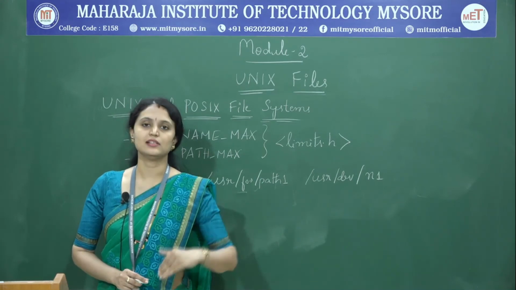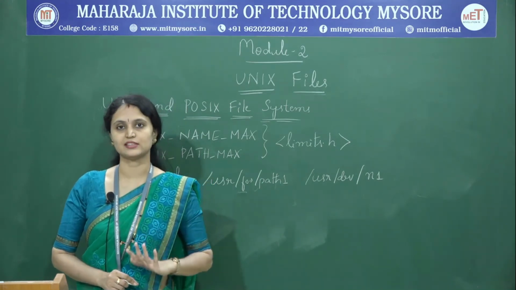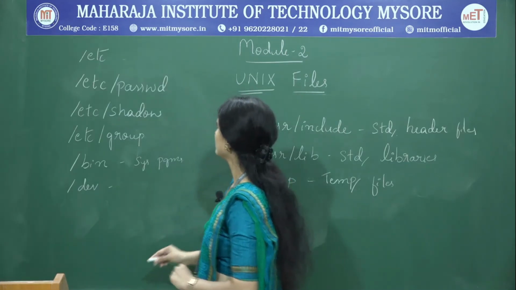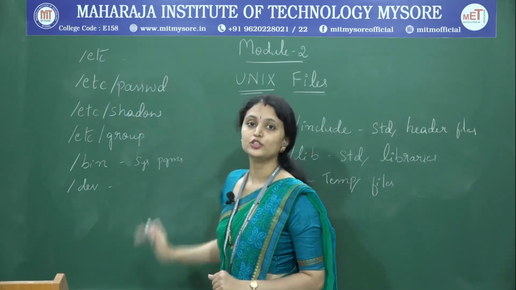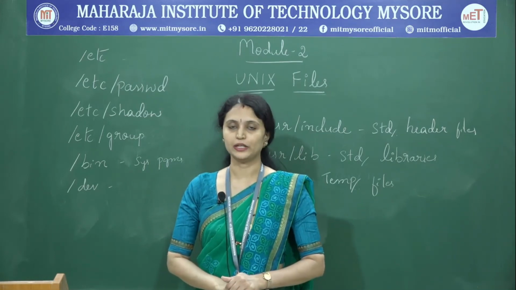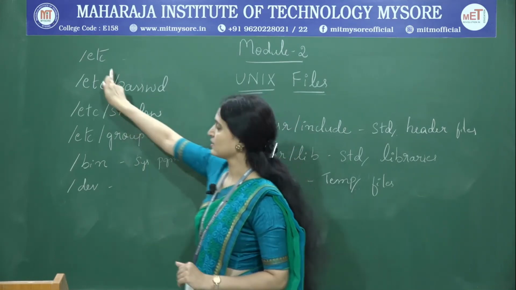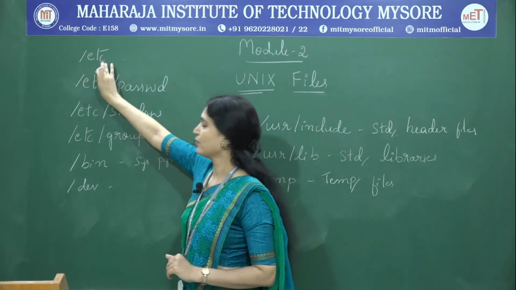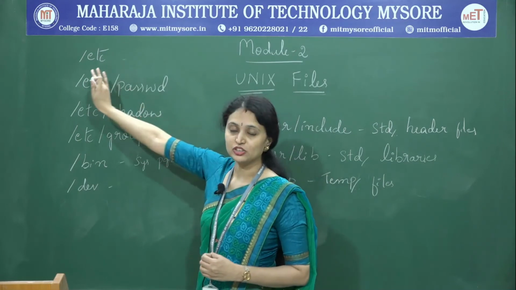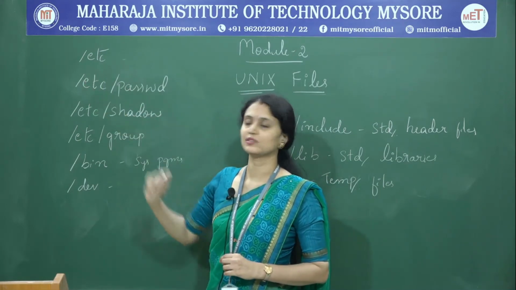Now, let us list out some of the file systems that are available in the UNIX operating system. These are the file systems that are most commonly defined in UNIX. The first one is /etc. It is one type of file system that stores the system administrative files and programs.